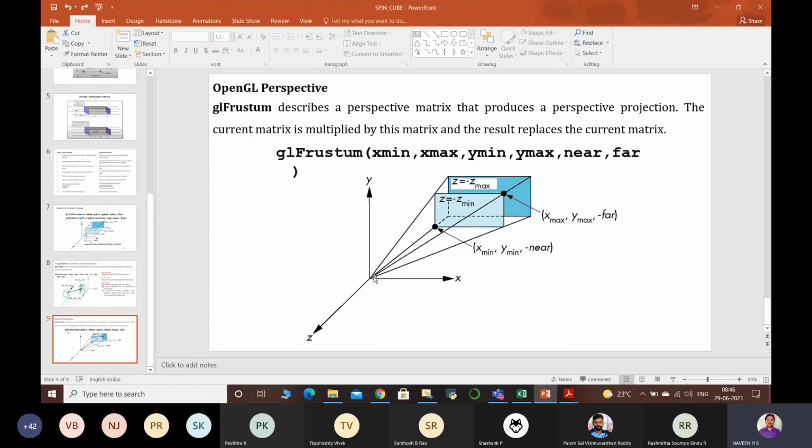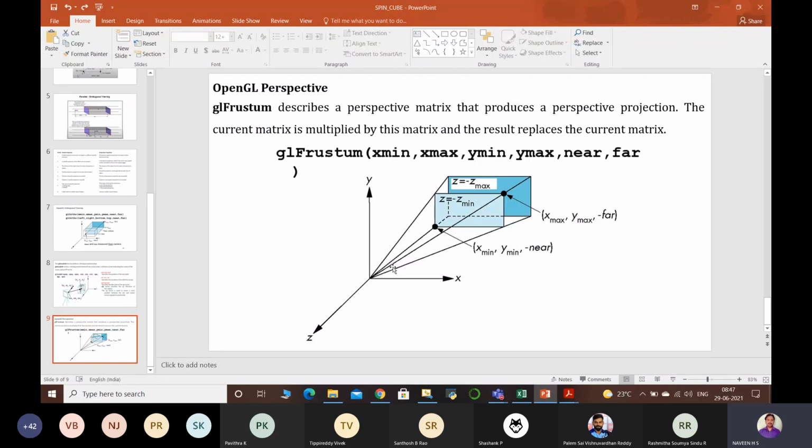So here you can observe. These are the 4 different projection lines for this case, and they meet at this particular point. And we have considered these two values for that. One is x min and y min, and with the minus, because the z axis is going in the opposite direction, so negative value, minus near, and this will be far because this is very close to that COP.